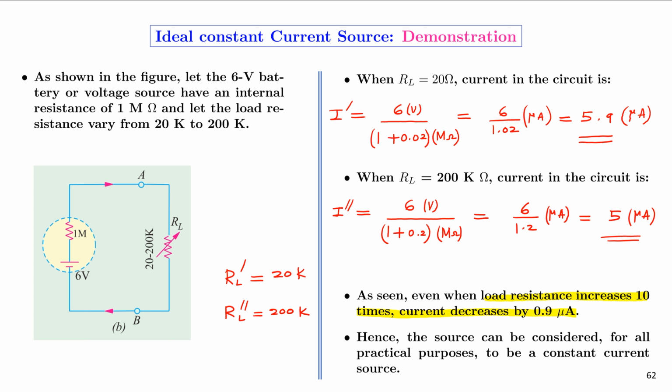That is, even for very high values of the load resistor, the load current remains almost constant. Thus, this source with a very high internal resistance can be considered for all practical purposes to be a constant current source.